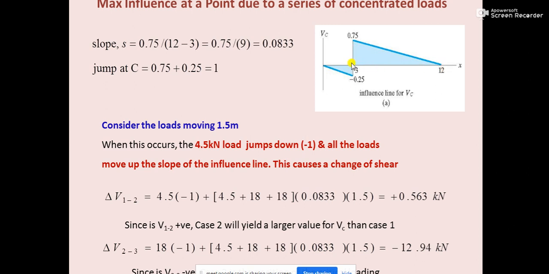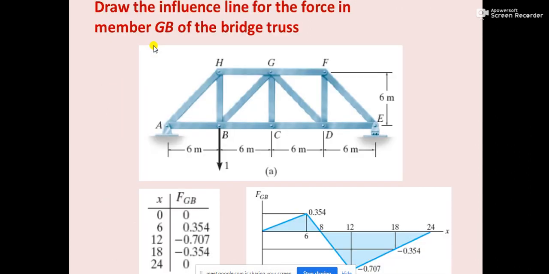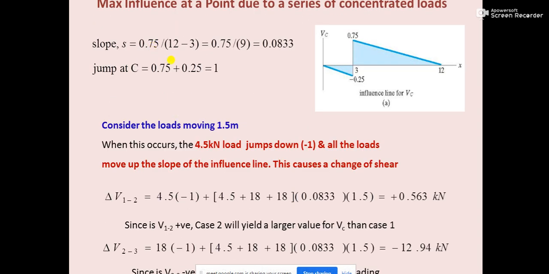So y2 minus y1 gives 0.75 minus 0, which is 0.75, divided by 12 minus 3, which is 9, and 0.75 divided by 9 gives you 0.0833. If you calculate, you are going to get this value, okay?